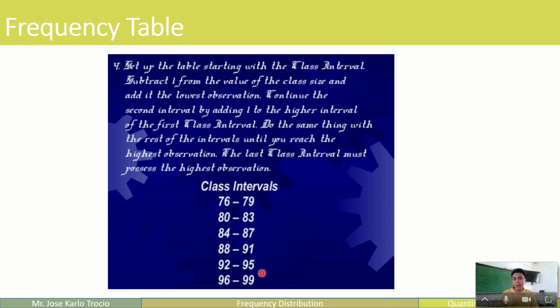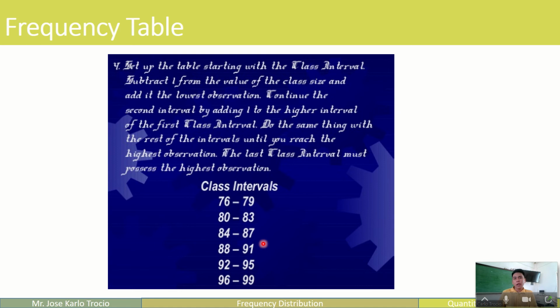And then for another interval, you start with 95. No repetition, okay? So 95, 94, 93, 92. And then another class interval: 91, 90, 89, 88. So you have 4 and so on. Then you can now create your own frequency table.